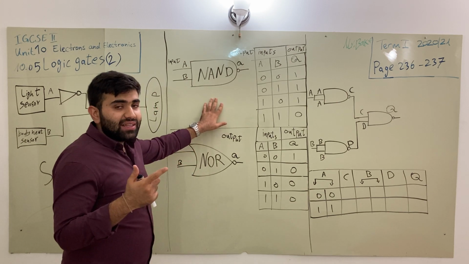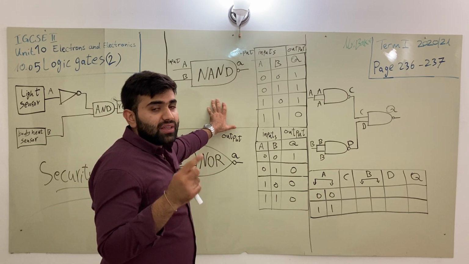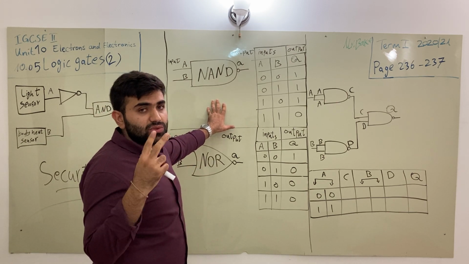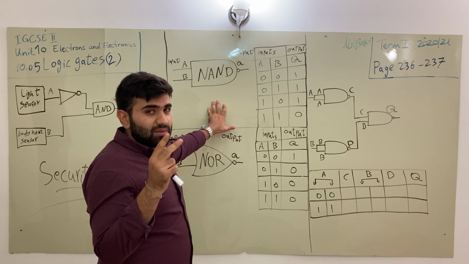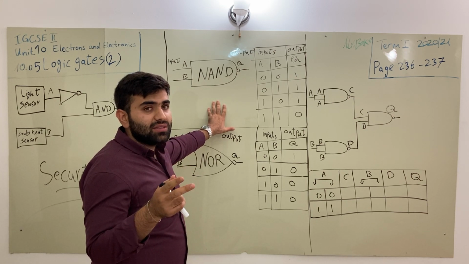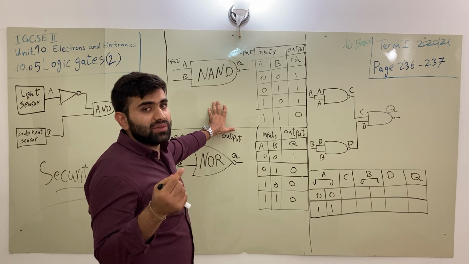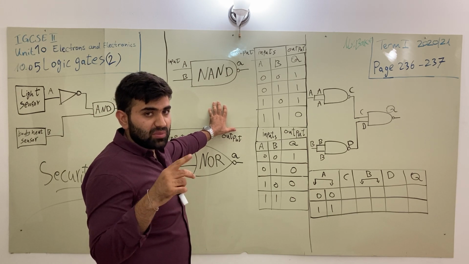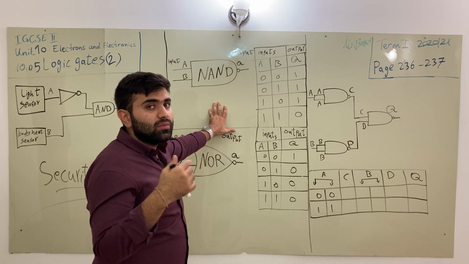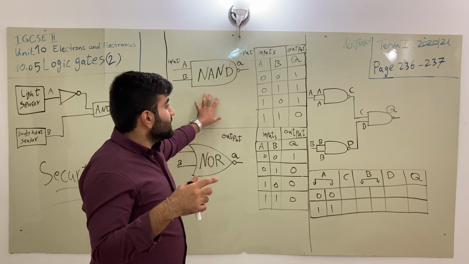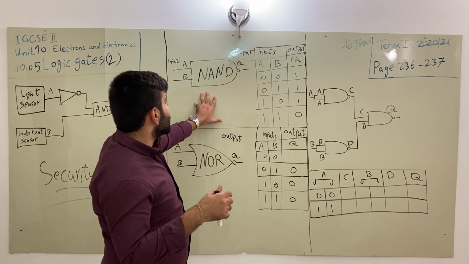If you remember the AND gate, the output is 1 just in the case where both inputs A and B are 1, or both high. Remember we said it is like multiplying. But here it's totally the opposite. Why? Because it's NOT AND.